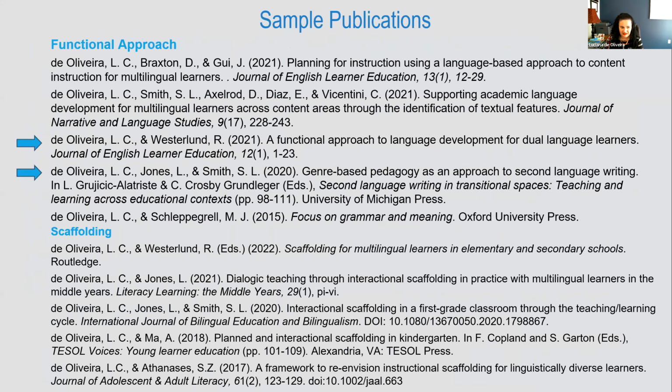I'm gonna skip that. These are some resources if you want to take a photo. The first one here, planning for instruction using LACI, has examples from a 5th grade classroom. Then a functional approach, that one is also available in the Journal of English Learner Education.